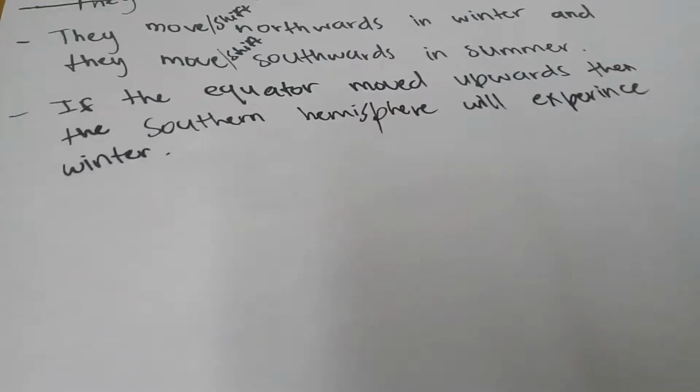I think you understand. So it's vice versa. If the equator moved southwards or downwards, the southern hemisphere will experience summer, and therefore the northern hemisphere will experience winter.